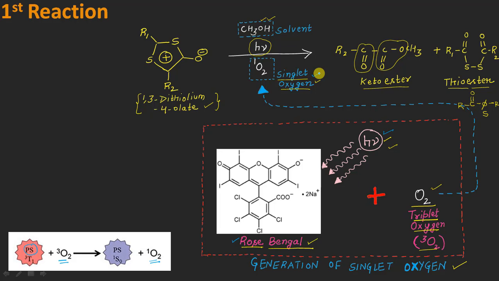So why are we doing all this? Because the singlet oxygen is more reactive. Let me write here, it is more reactive, so that this reaction will go in this direction, because we are adding something more reactive to our mesoionic molecule, right?